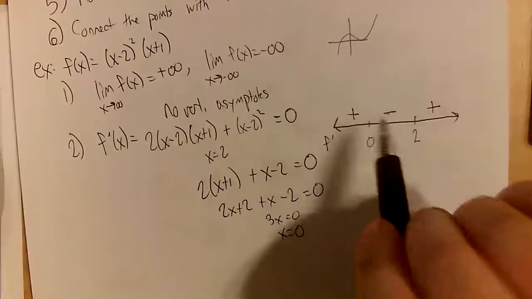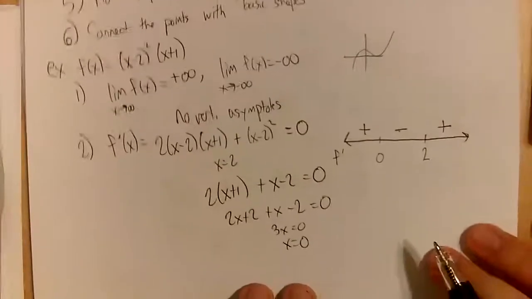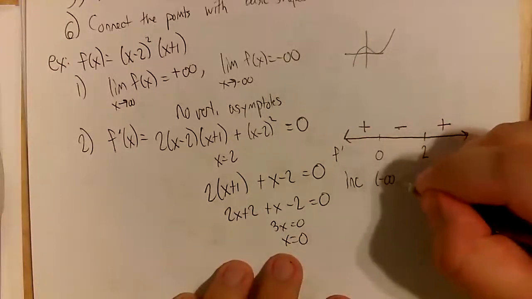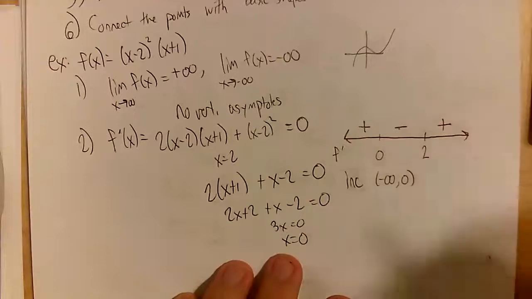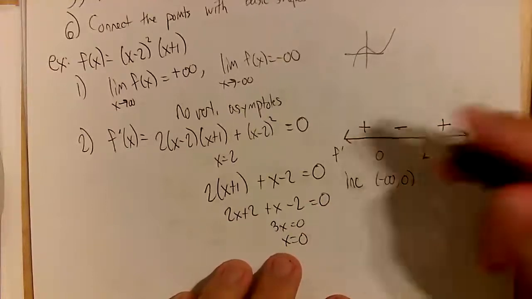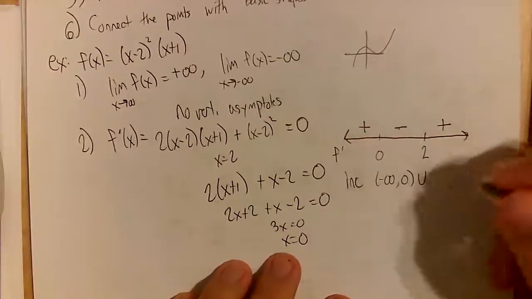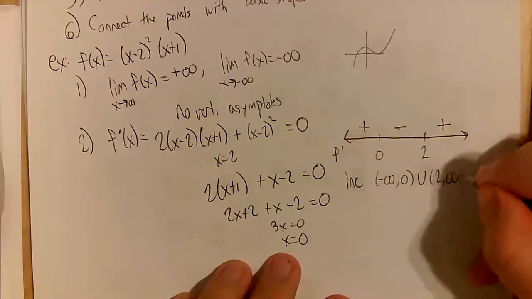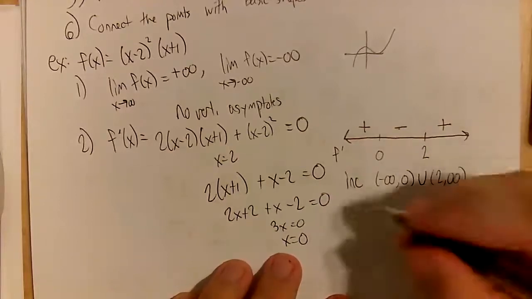But regardless, we see that our function is increasing on the interval -infinity to 0. And then it's also increasing from 2 to infinity, which is disjoint in this interval. So the way we express that is we put a union symbol, which looks like a U, and then we have 2 to infinity.